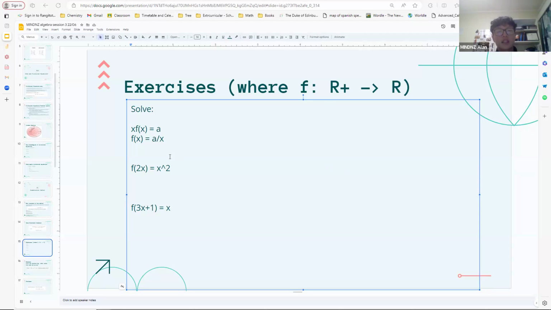Okay, so does anyone have any ideas about how to do the second one? We want f of x to be equal to something, right? So how do we go from 2x to x?